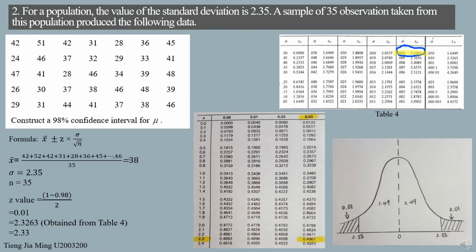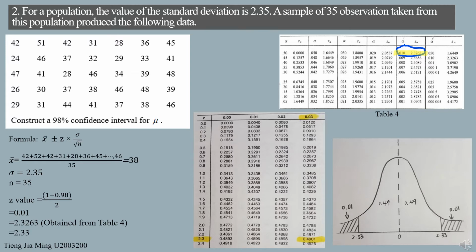First, we find the sample mean. The sample mean is the sum of all the values in the sample divided by the number of values in the sample. Then we get 38. The standard deviation given is 2.35 and the number of observations is 35.